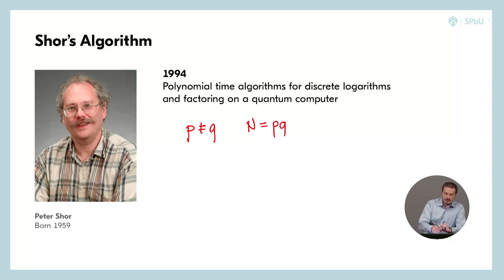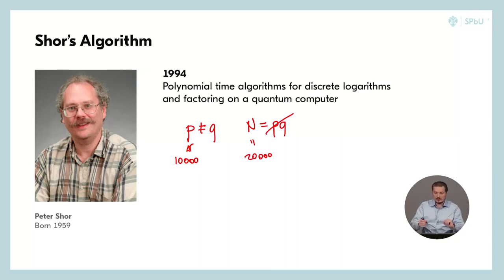And suppose that these primes are 10,000 digits each, approximately. So this N would be like 20,000 digits. And now you have lost this P and Q, but you still have N. So the task is to find P and Q.